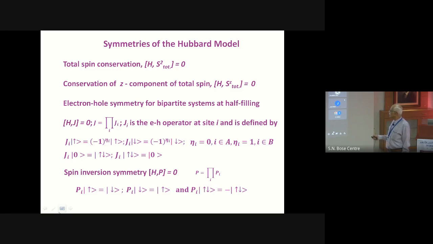Similarly, down spin gives minus 1 to the power eta i. Operating upon an empty site will give you a doubly occupied site, and operating on a doubly occupied site will give you an empty site. Eta i is of course 0 when you have one type of sublattice atoms, and eta i is equal to 1 when you have the other type of sublattice. It's quite simple to show by using these things that the Hamiltonian at half filling is invariant.